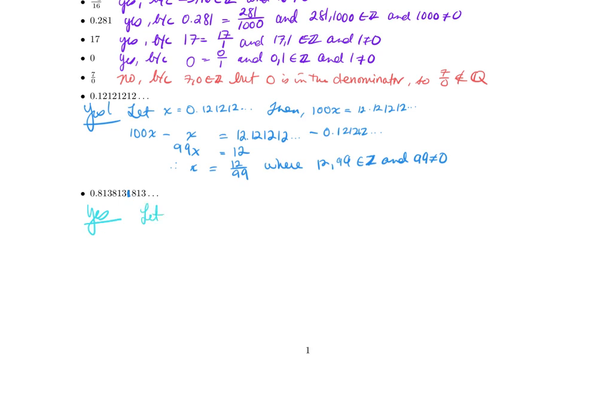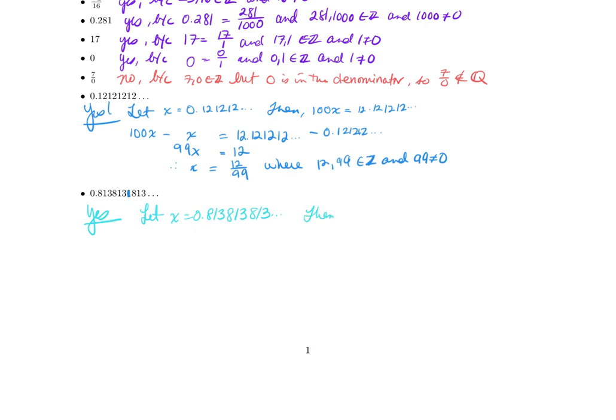We're going to let x equal our 0.813813813813 repeated. And this time, in order to move an entire repetition to the left-hand side of the decimal, we're going to have to multiply by 1,000 because we have a 3-digit repeat.